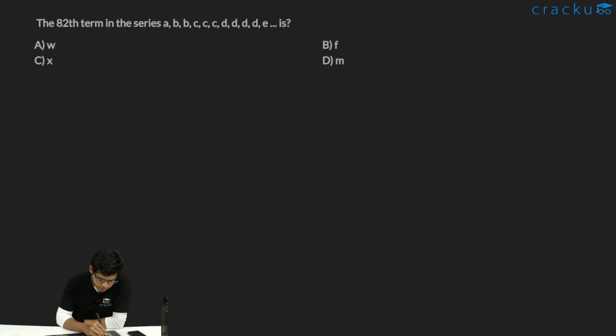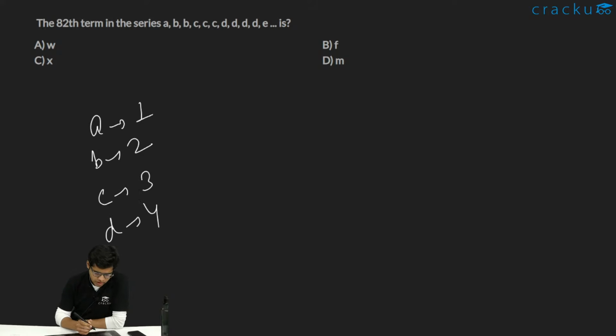A is coming once, B is coming twice, C is coming thrice, D is coming 4 times. So like this the series is going. We need to find the 82nd term. Now basically what is happening, the letter A is the first letter, it is coming once.